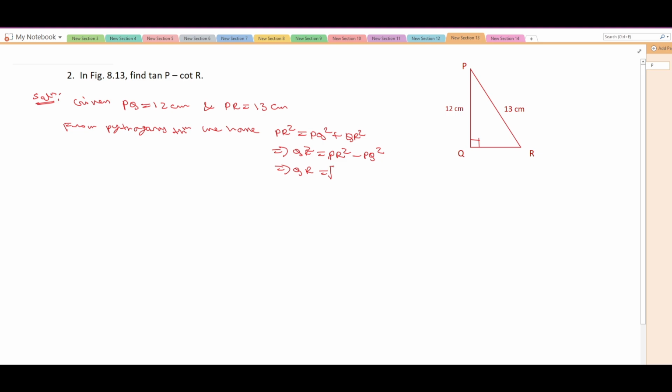QR equal to root over 13 square minus 12 square, equal to root over 169 minus 144, equal to root over 25, equal to 5 centimeters. So QR equal to 5 centimeters.